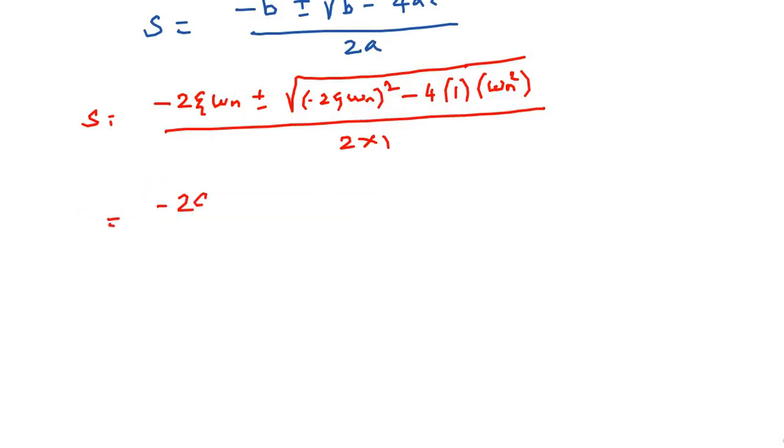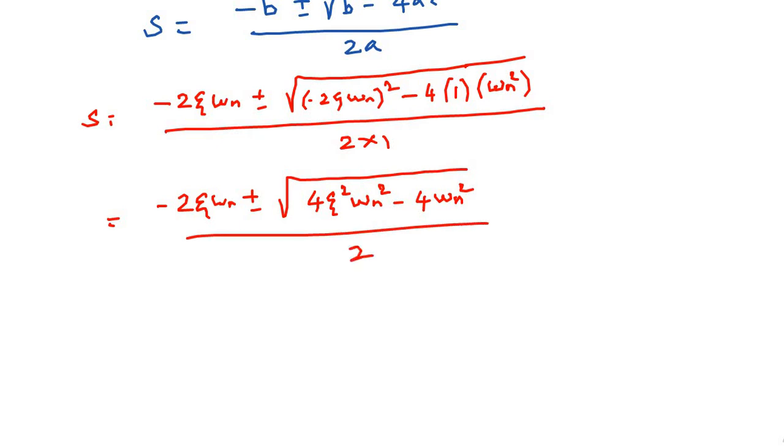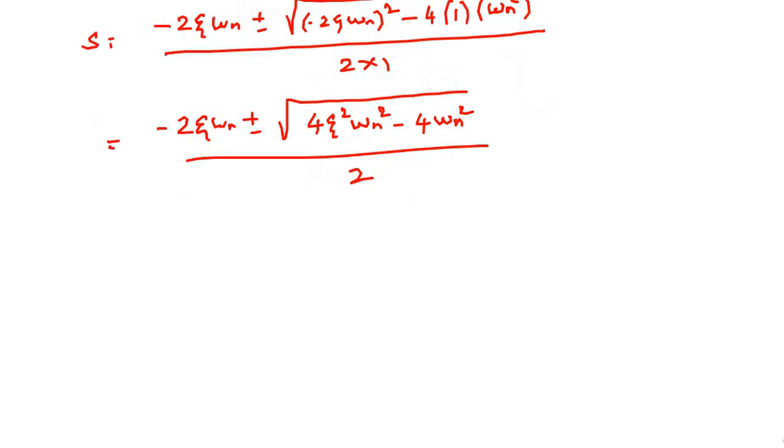So you have 2 zeta omega n plus or minus root of 4 zeta square omega n square minus 4 omega n square, divided by 2. You take 4 omega n square.